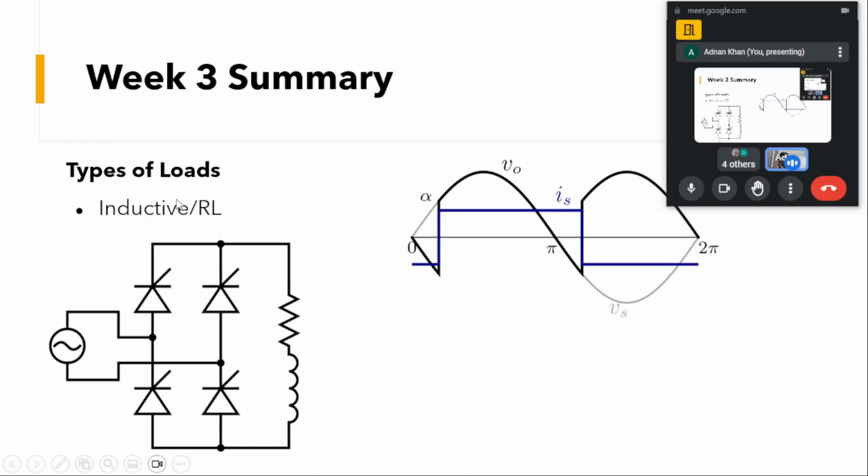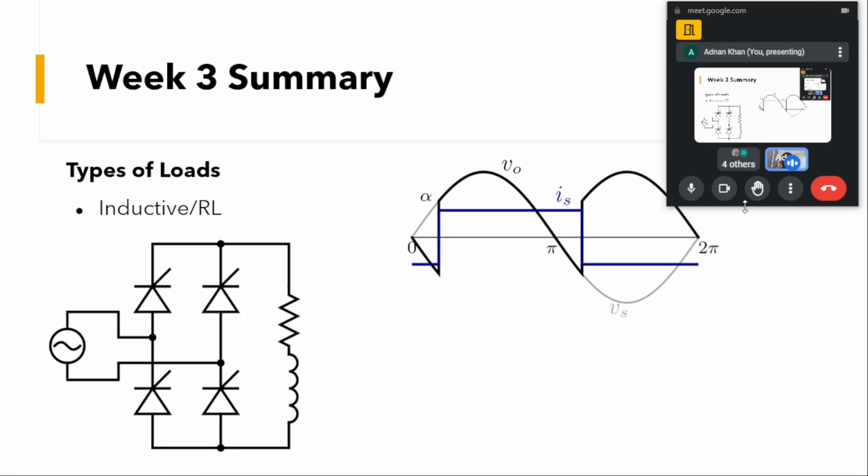Now I'll be discussing the inductive load, where we have a controllable rectifier. For the uncontrolled version, you can take alpha equal to 0, and it will start conducting from this point.